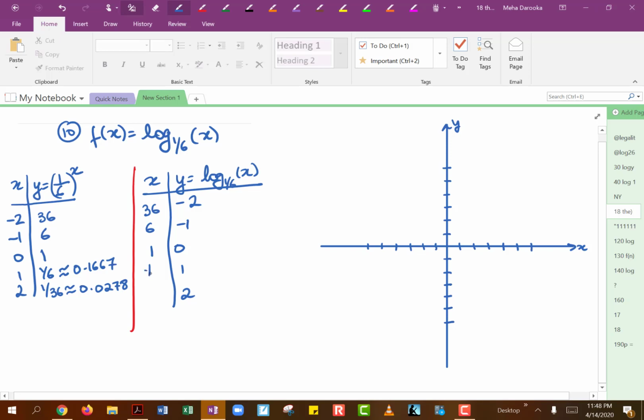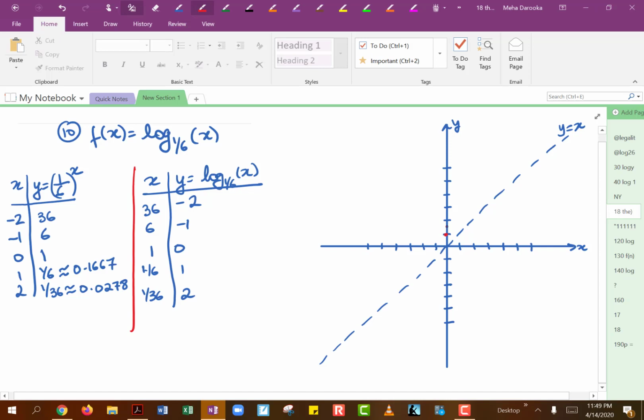Again, I'm going to draw my y equals x line so we know what that reflection will look like. I'm going to start with the graph of my exponential function. That's going to be at (0, 1). At -1, I am at 6.